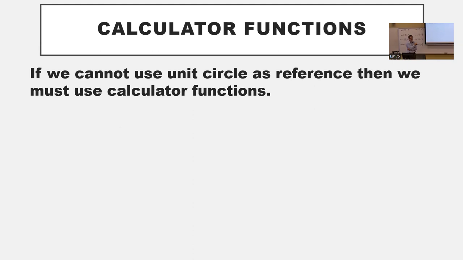Root 3 over 2, 1/2, root 2 over 2, those were special values that we saw on our labeled unit circle. But if I said find the inverse sine of 0.3, 0.3 is not a y value on the unit circle that I've labeled.